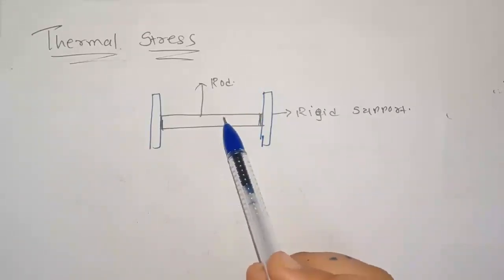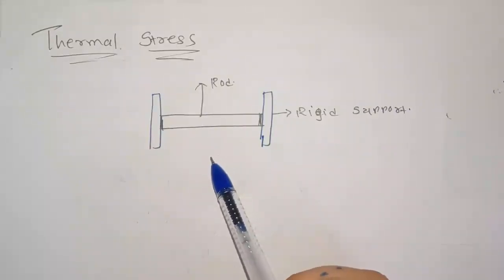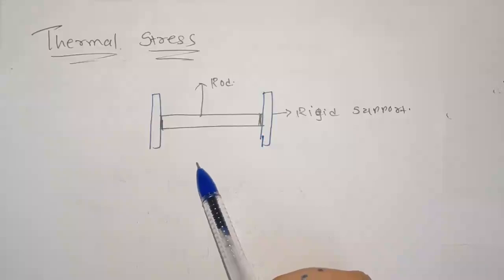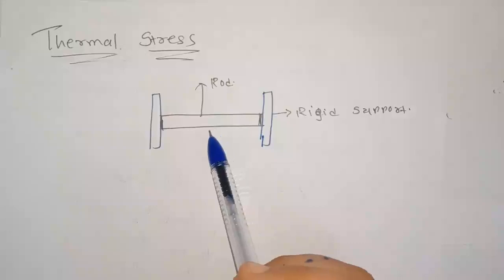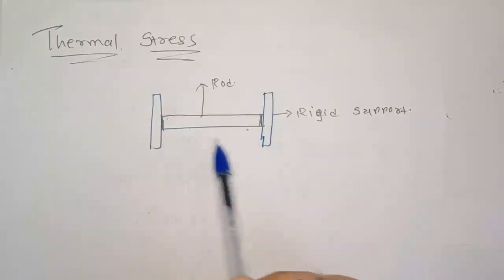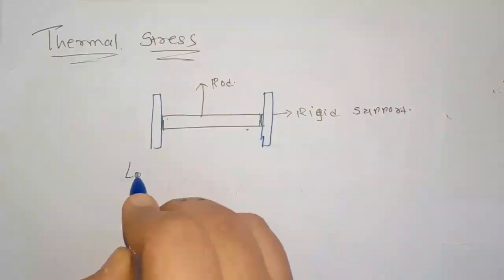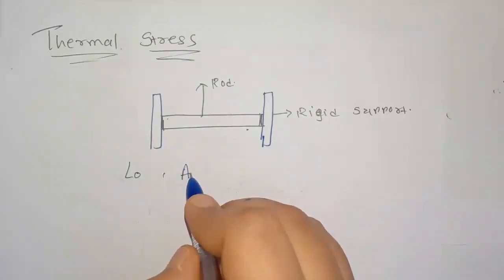To calculate the thermal stress in a clamped rod, we have to find how much the rod would expand or contract if not held rigidly, and then find the stress needed to compress it back to its original length. Suppose a rod with length L0 and cross-sectional area A is held at a constant length while the temperature is reduced.